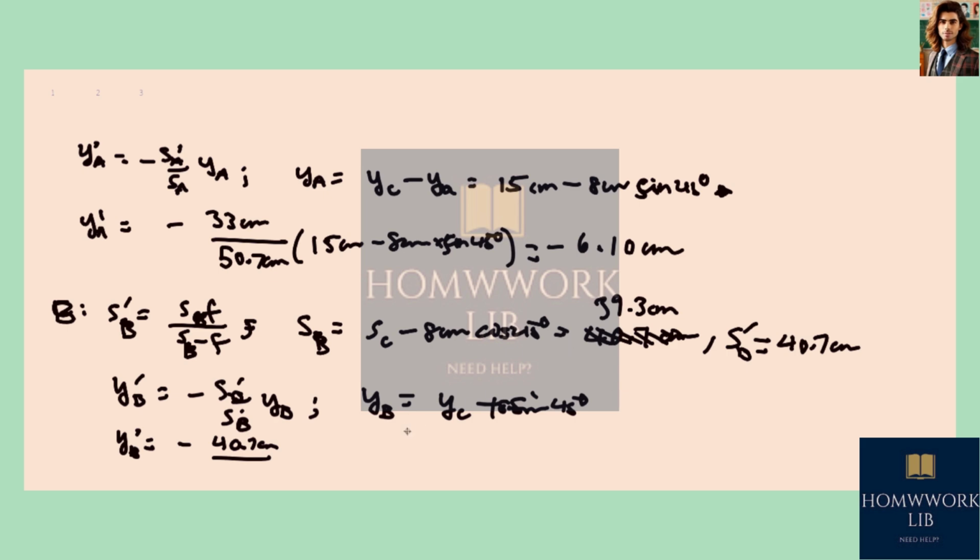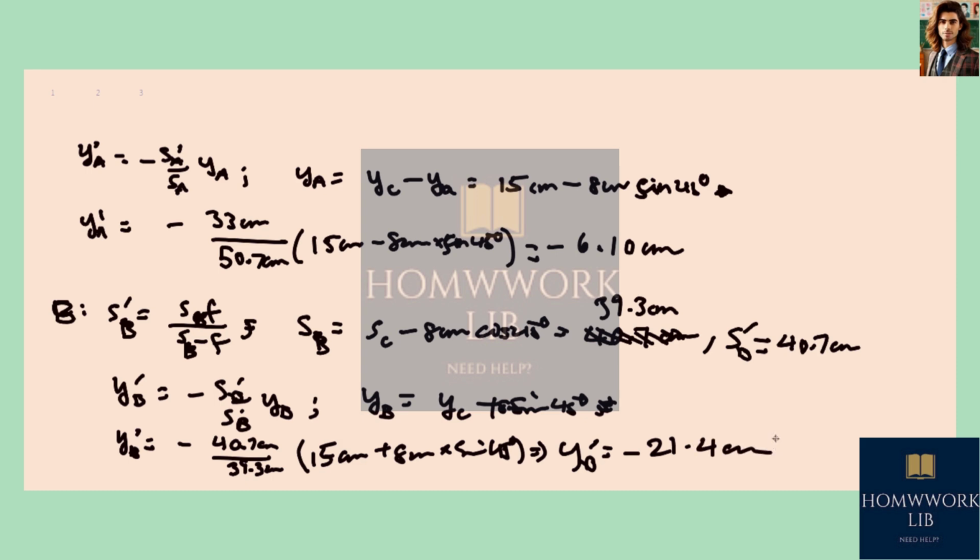Okay, so now, that's 40.7 divided by 39.3 centimeters. And then we have YC, which is 15 centimeters plus 8 centimeters times sine of 45 degrees. And that gives me a YB primed of minus 21.4 centimeters.